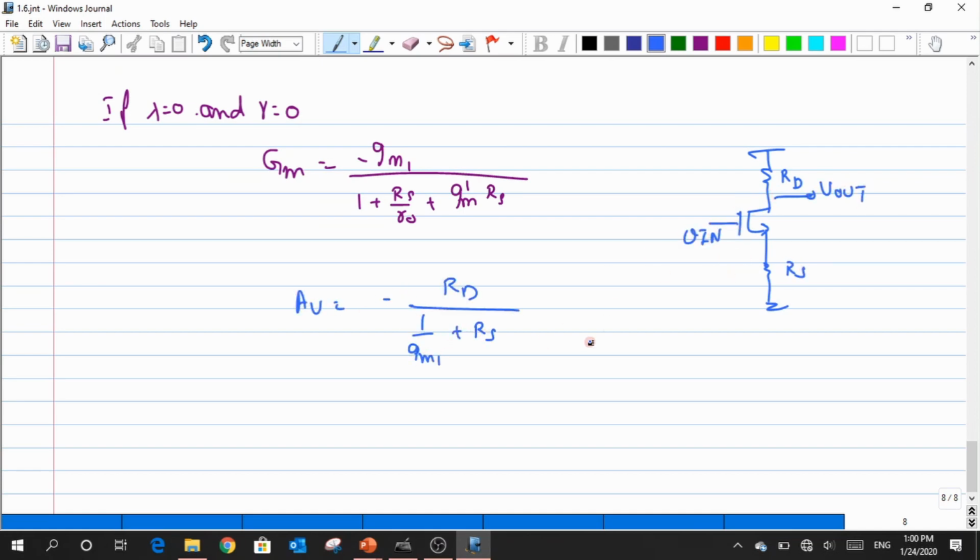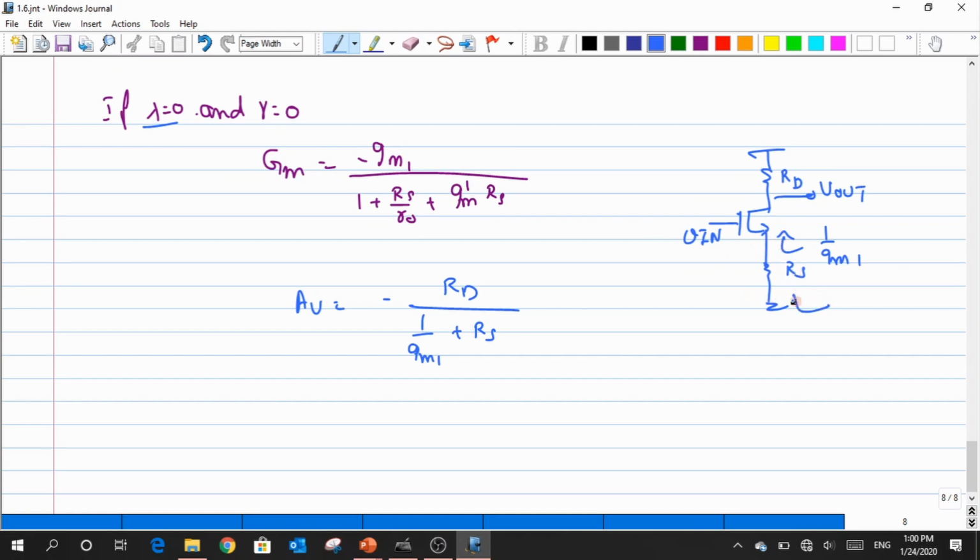Yeah. So now what I'm going to do is, in the case when lambda and gamma are equal to 0, what is the impedance that I'm seeing across the source? It is just 1 by GM, because R0 will not be there just because lambda is taken as 0. Okay. So in that case, I have this 1 by GM1, and there is a resistance here. So I have two resistances in series, right?